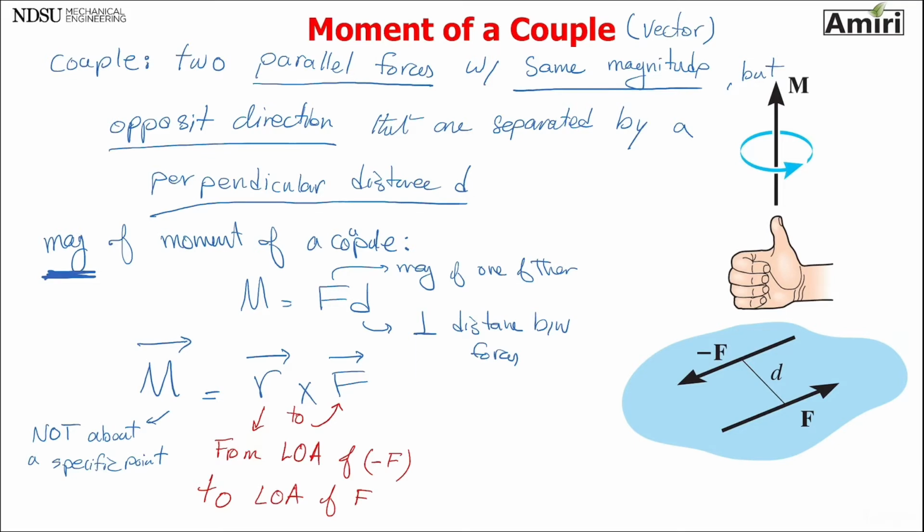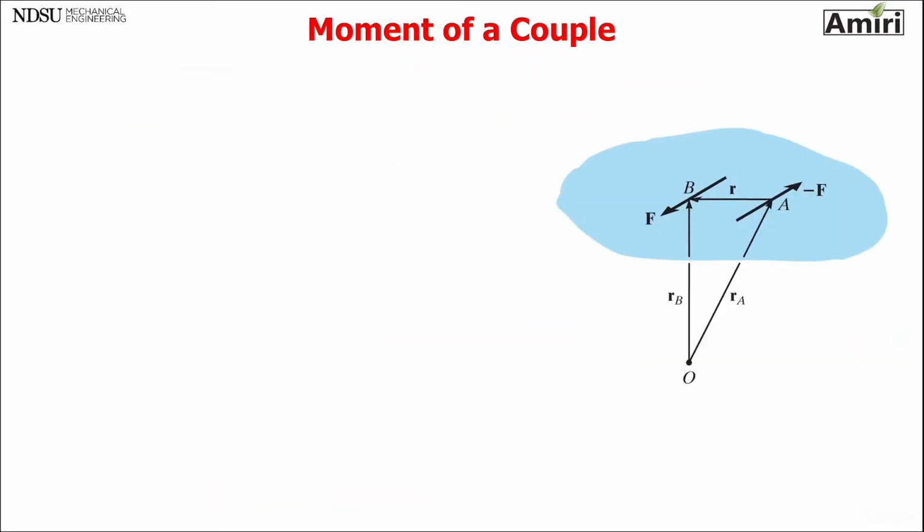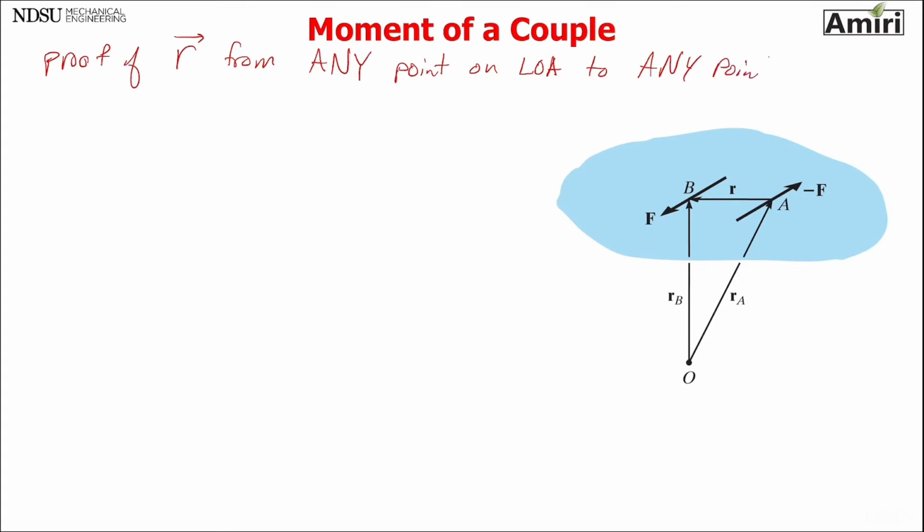Okay? And here's a little proof for you. This is the proof of the position vector from any point on the line of action of one force to any point on the line of action of the other one.